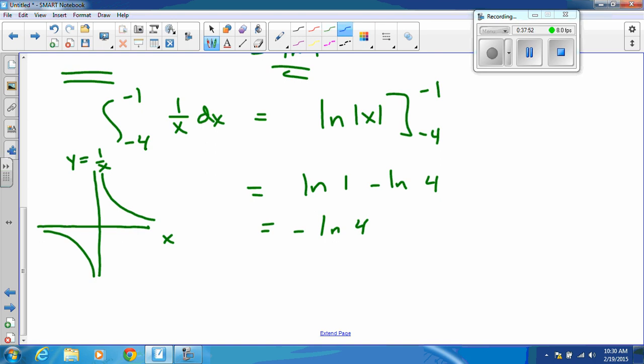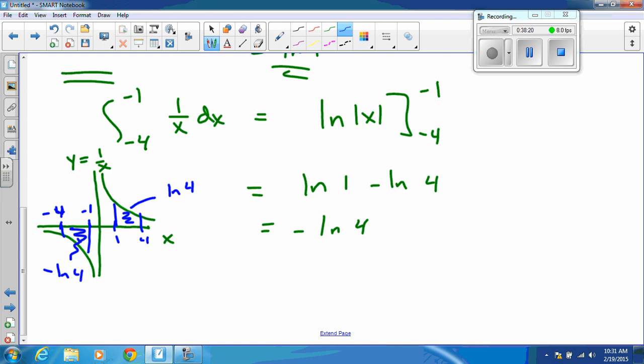And when I examine the area from 1 to 4, which has a value of ln 4, and I examine the area from -4 to -1, these two regions are congruent to each other, so they have the same area, but this region is below the axis, so that its net signed area is negative ln 4, just like that.